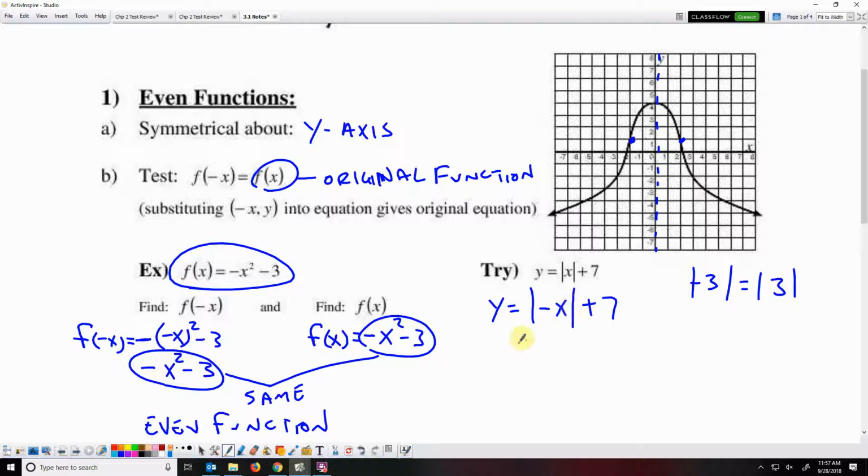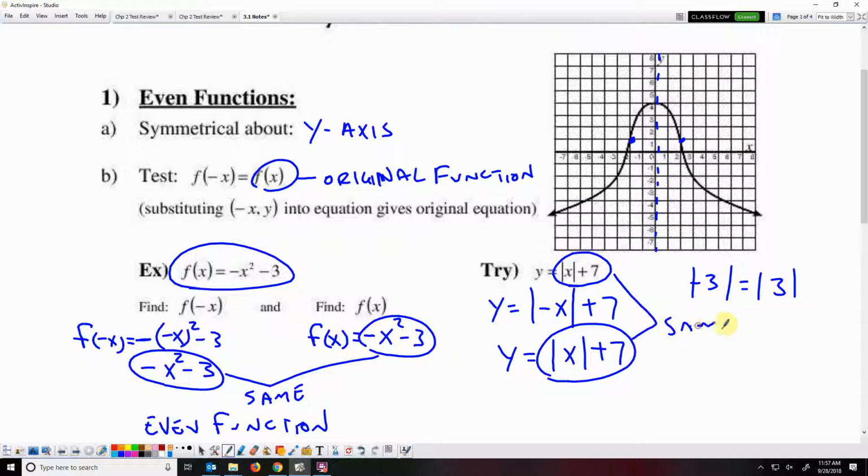So the absolute value of negative x is the same as the absolute value of positive x. And that is exactly the same as that. So this is also an even function. What this would actually be is a V shape up here, and it is symmetric about the y-axis.